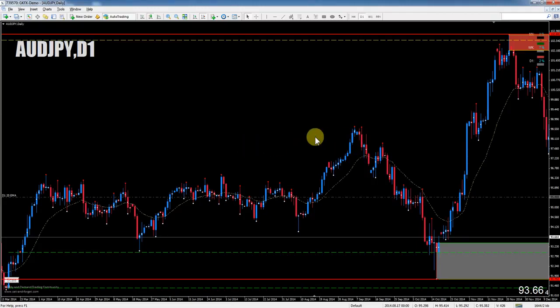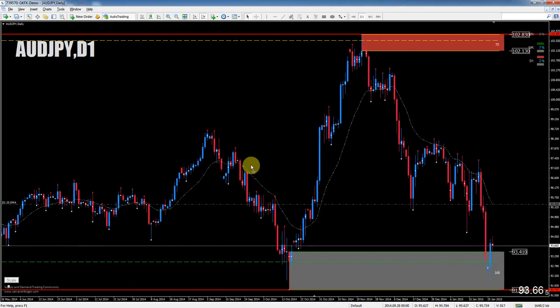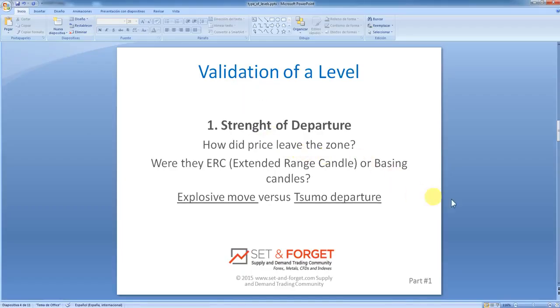There will be many times where that departure will not look good and the level will work, and it will have a strong reaction, but that doesn't mean it is a rule. It is just an exception that confirms the rule. Okay, so this is it about the departure. Thanks a lot.